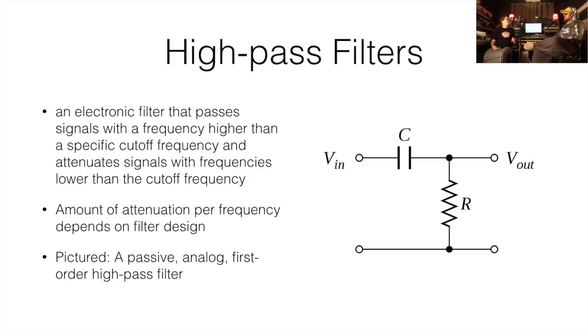It kind of depends on the filter, but for the most part, the whole point is to not let it through. Right, so if your cutoff is 200 hertz, everything over 200 is going to get through, but everything under 200 is going to be cut off. And then 180 will get through, but it'll be quiet. That's where the attenuation comes from. It's a curve more than a straight drop-off for the most part.